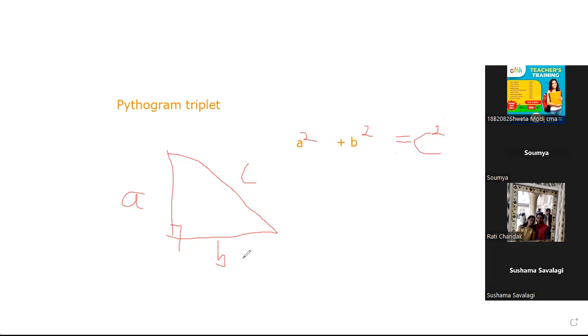So this way, if we know a and b, we can find c, right? Or if we have been given any two, we can find out the third one.